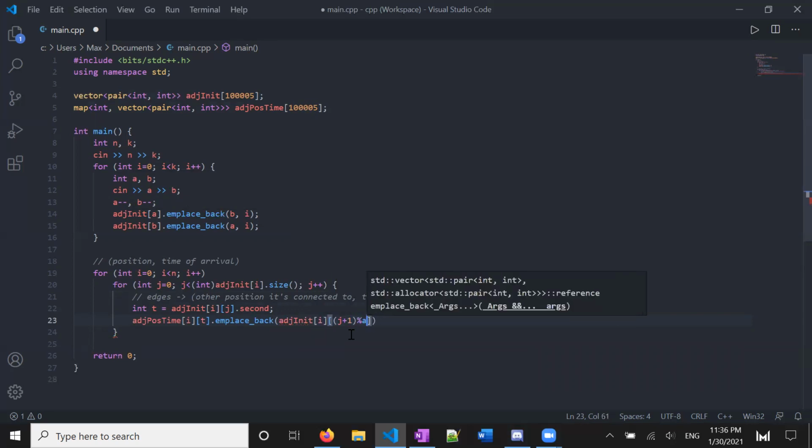I'm going to take this mod the adjacency init size, because if you're at the final time, then you wrap around back to the first time again, if you remember that. And so yeah, it's just that pair actually.